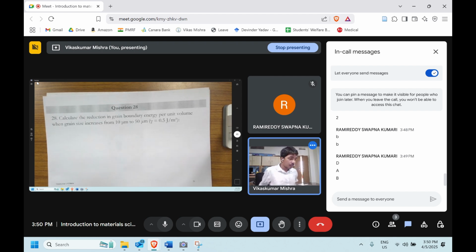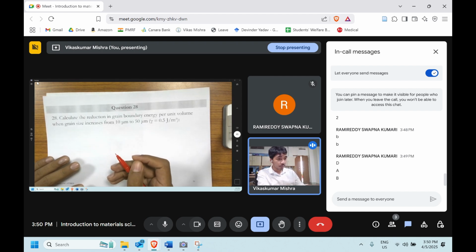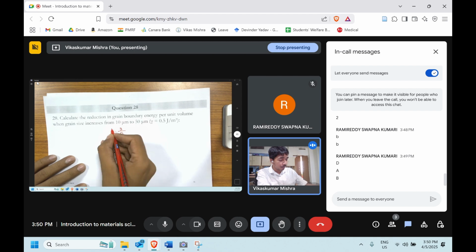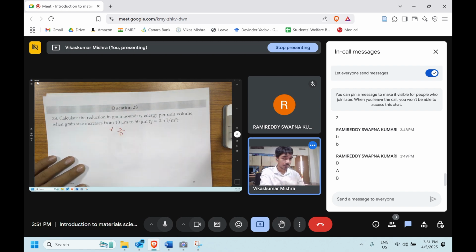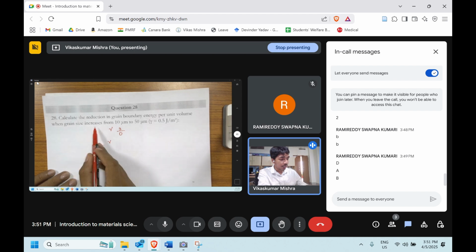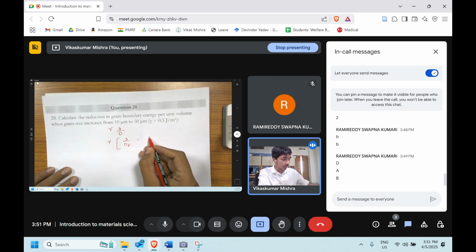We know that the grain boundary surface to volume ratio, and the energy we have taken care of, is 3 times gamma over the diameter. This much is the energy associated with that particular size. Now when the grain size increases from this to this, let's do final minus initial.